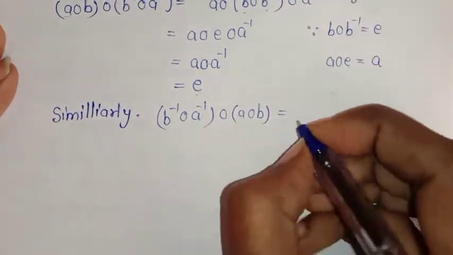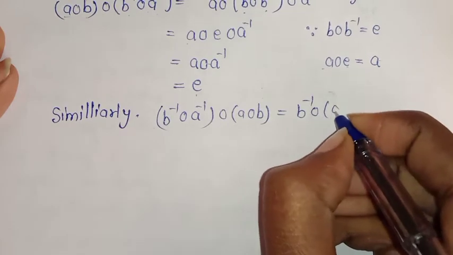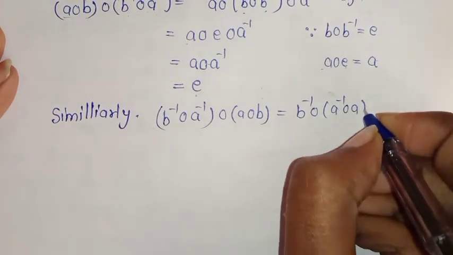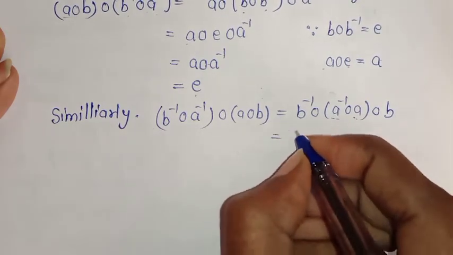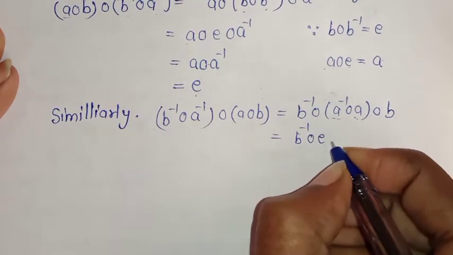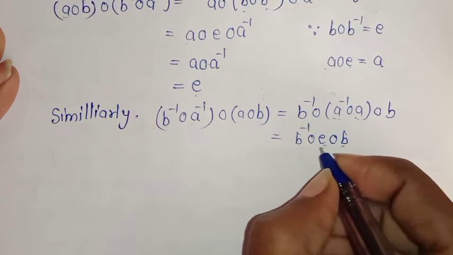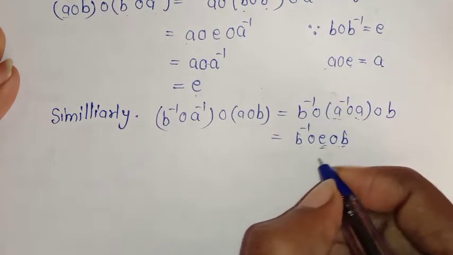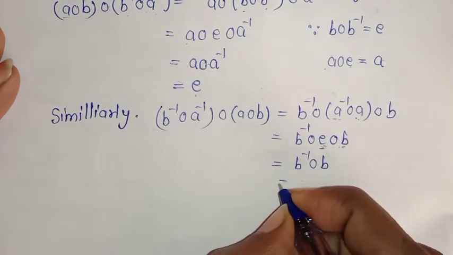If I use the associative law in a similar way, it becomes b⁻¹ ∘ (a⁻¹ ∘ a) ∘ b. Now this becomes the identity again. So b⁻¹ ∘ e ∘ b. Now if we use again the existence of identity property, then e ∘ b becomes b, then b⁻¹ ∘ b again becomes the identity.